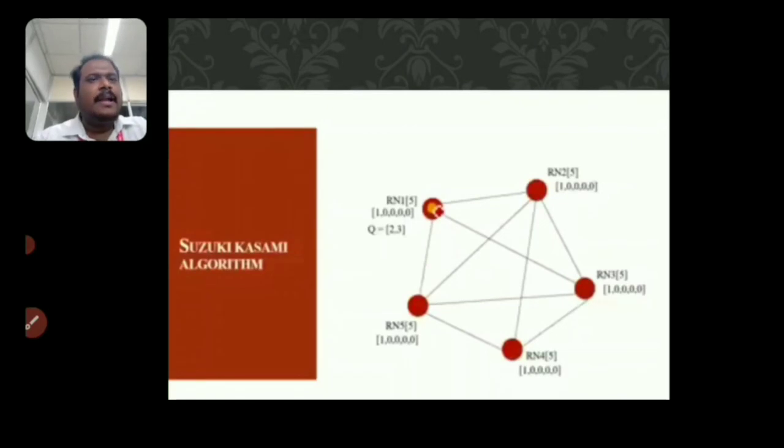In this diagram, the token has been passed from Rn3 to Rn1. Now Rn1 is holding the token. It has the authority, the right, to enter into the critical section region.